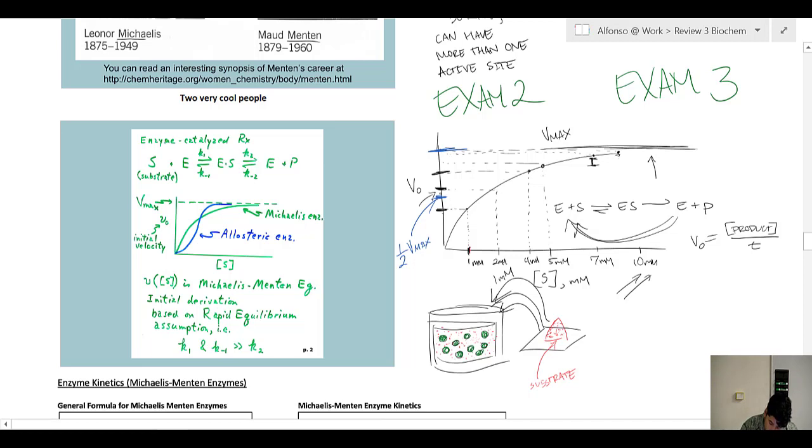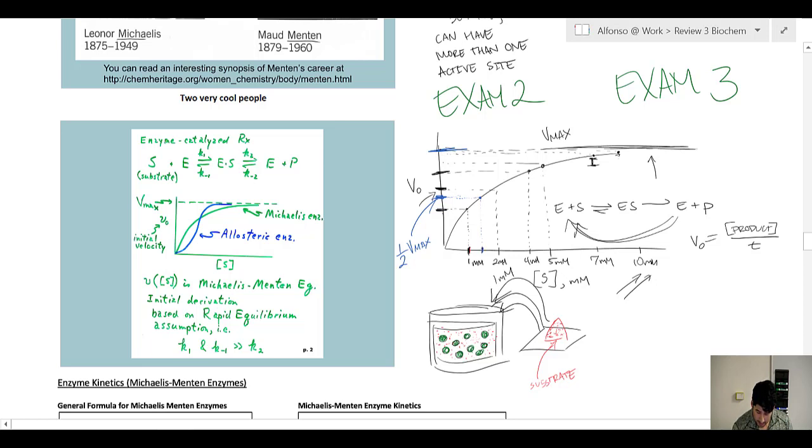So from this point right here, the 1/2 of the Vmax, I want you to make a line to the hyperbola as straight as you can. And then as soon as you strike the hyperbola, I want you to go down.